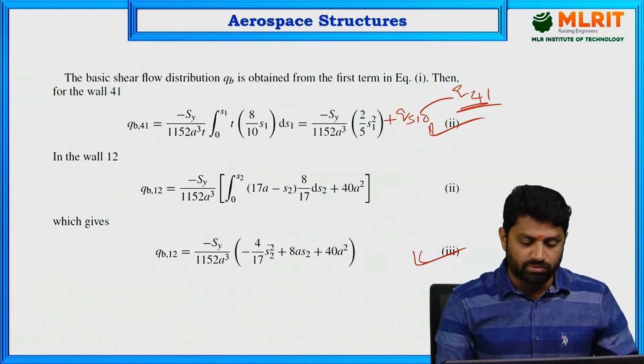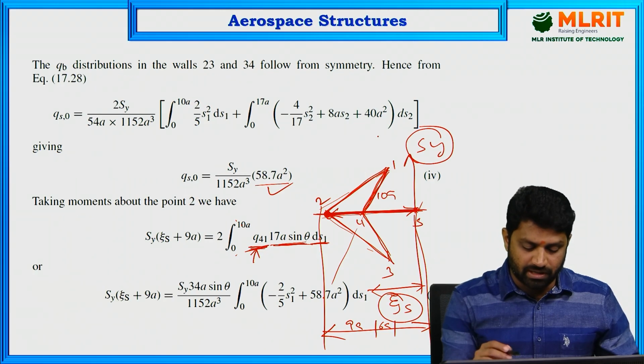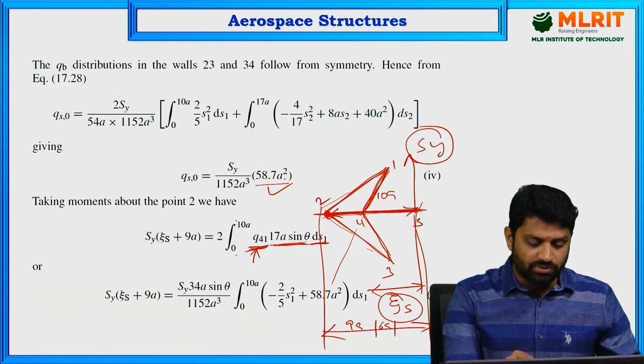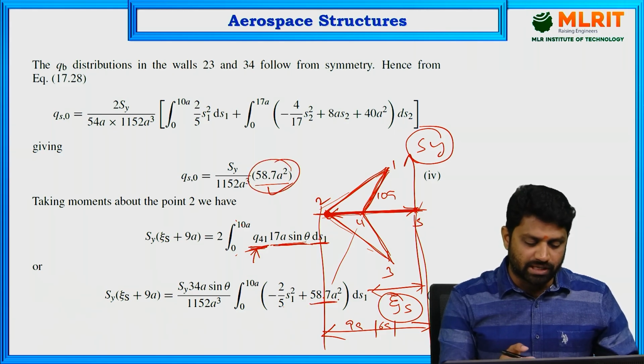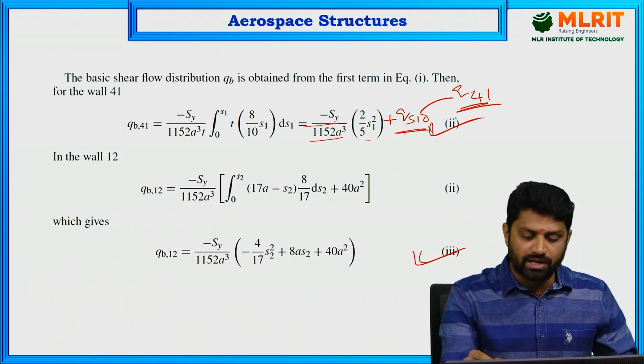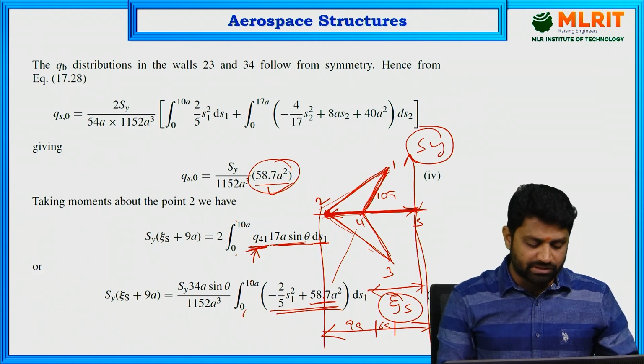So what is QB41 we got? QB41 is equal to minus SY by 1152 A cube into 2 by 5 S1 square, plus this QS naught we are adding here. So you add QS naught to get Q41, substitute here and integrate between 0 to 10A.